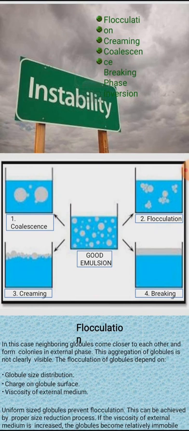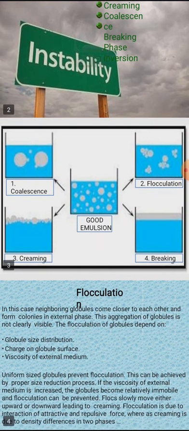And examples of W/O type emulsifying agents are Span 20, 40, 60, 80. All are lipophilic in nature. So if we use Span for preparation of emulsion, the type of emulsion will be W/O. So this is all about emulsifying agent.